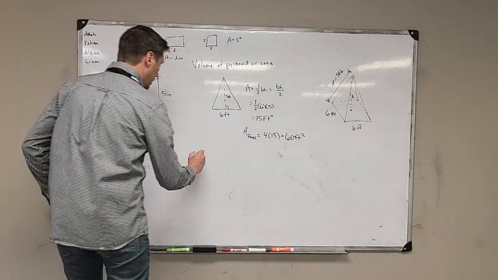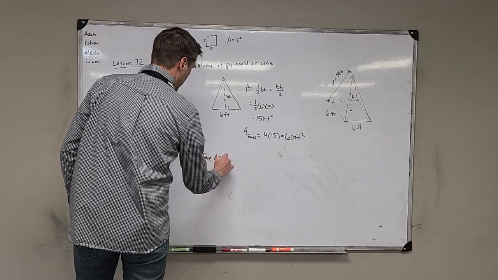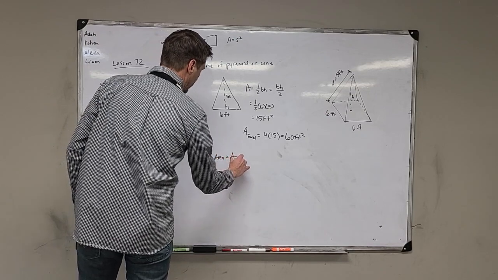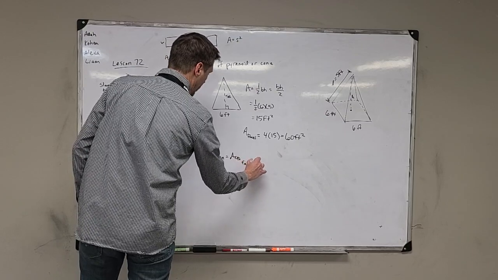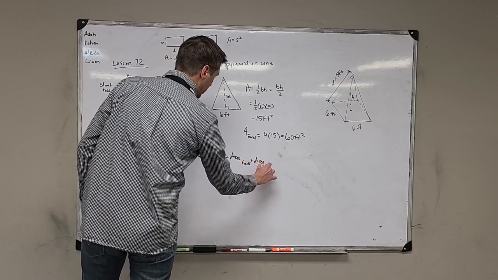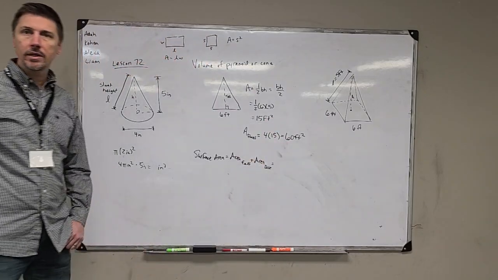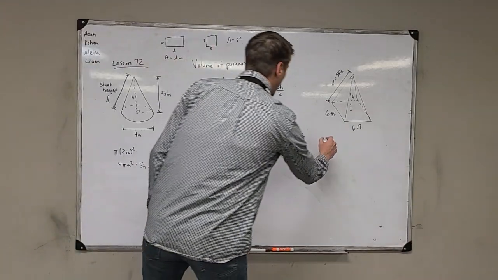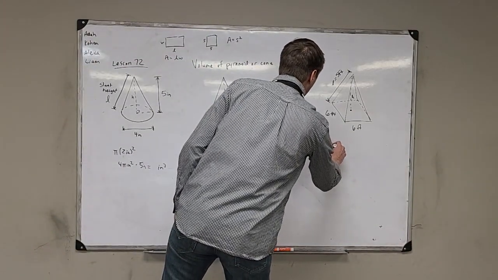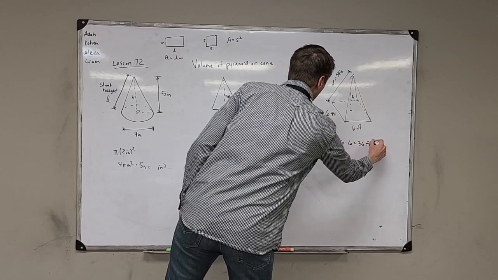So surface area equals area of faces plus the area of the base. All right? And what's the area of the base on this guy? We calculated that in the last problem. It's just 6 times 6, right? Area of base equals 6 times 6 equals 36 feet squared.